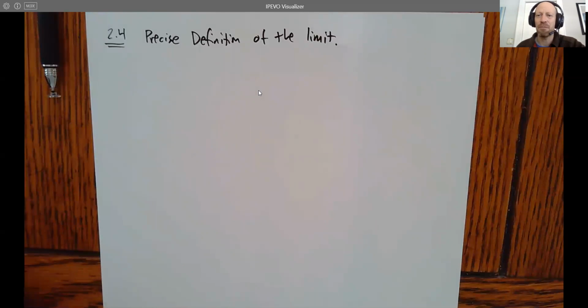So there is a more precise definition of the limit, and I want to introduce and talk about that today. I don't cover 2.4 in detail with my classes. There are some proofs in there that we actually had a spirited discussion in the department over whether we do the proofs or don't do the proofs.